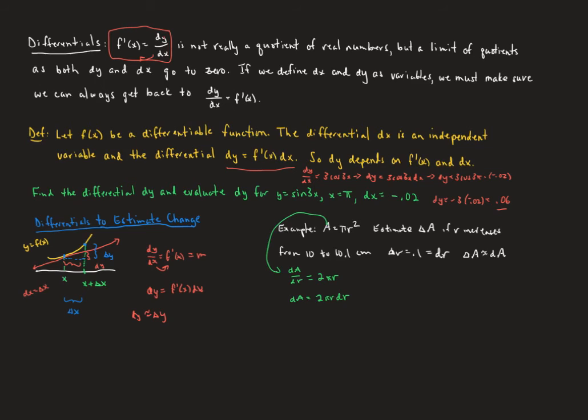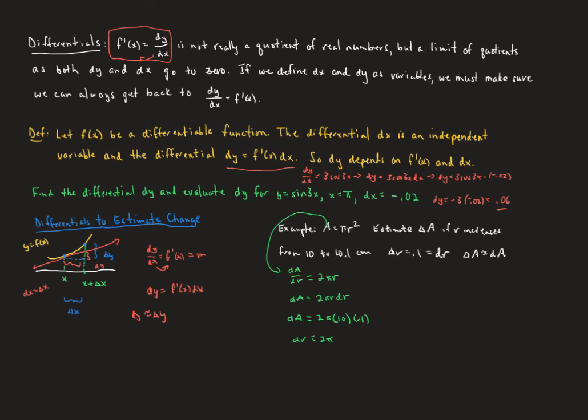Now we've got numbers for these, so we can say this differential dA, which remember we're going to use to approximate the change in the area, is going to be 2 pi times the original radius, that nice 10, times the dr, which was equal to the delta r, which is the 0.1. And so that is going to be, let's see, 0.1 times 10 is just 1, so that's going to be 2 pi.